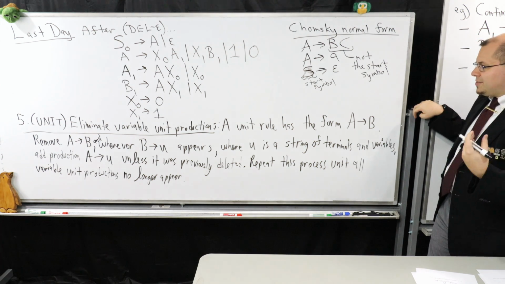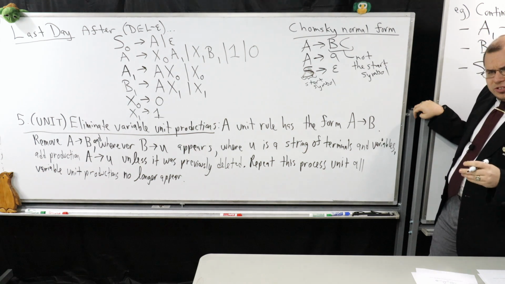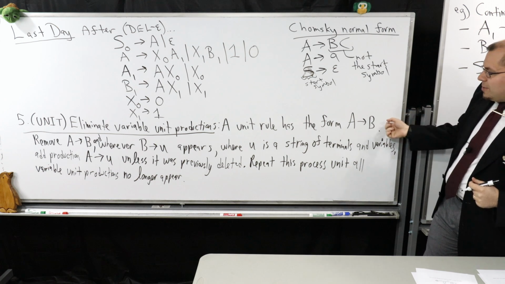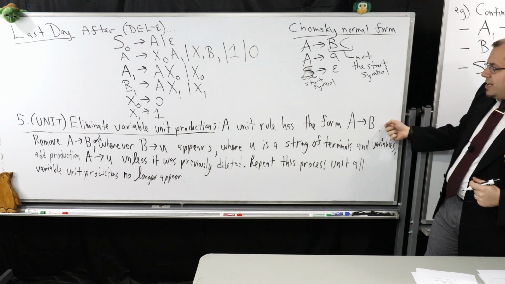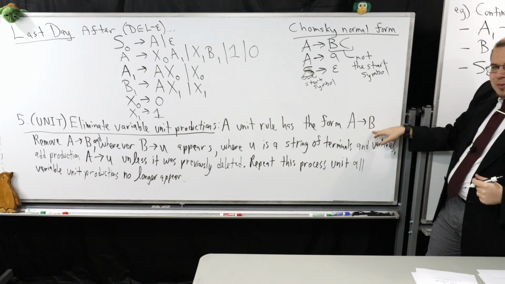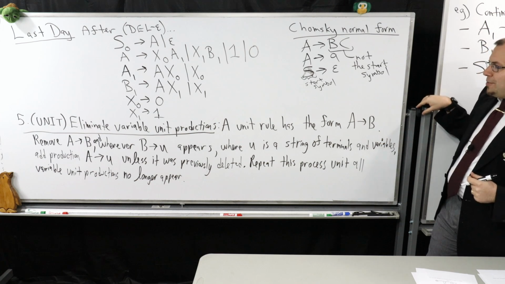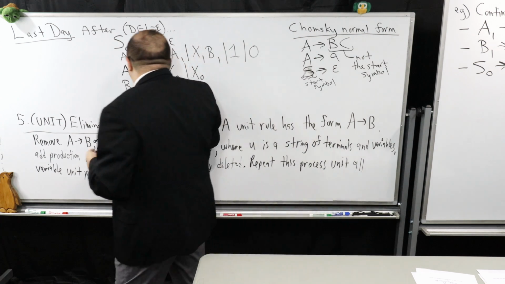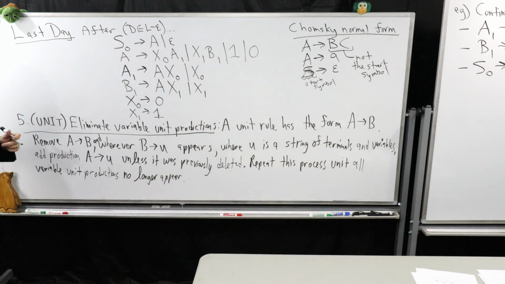So let me just describe this to you first, and then I'll give you the intuition. So remember, we're looking at the unit rules that have this form where a variable produces another variable like this. Now, the intuition I want to give you here is just that whenever you see a single variable in the body of a production rule, well, what does that mean?